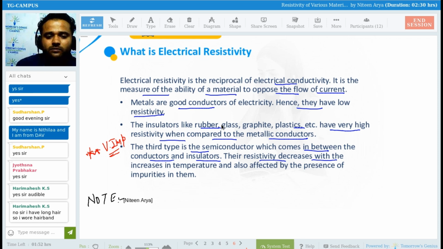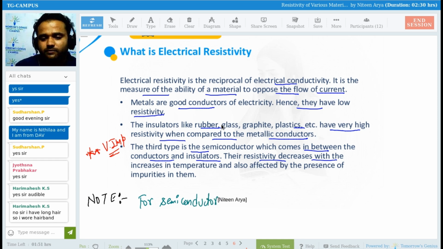So as a note, how can you write it down? I am going to give you the graph whenever it is necessary. Don't worry. In the note, you can write: for semiconductors, resistivity decreases with increase in temperature.